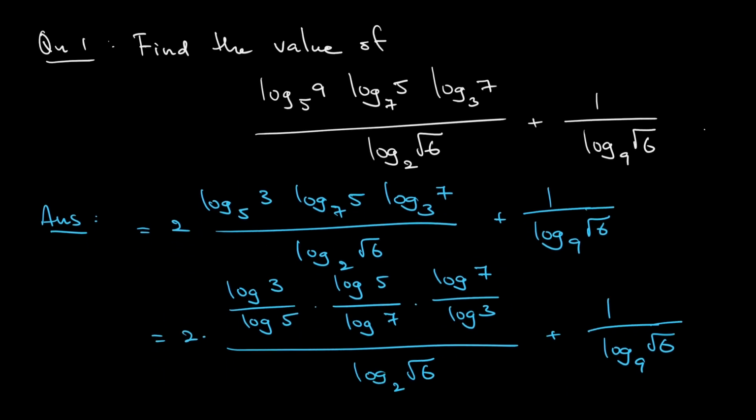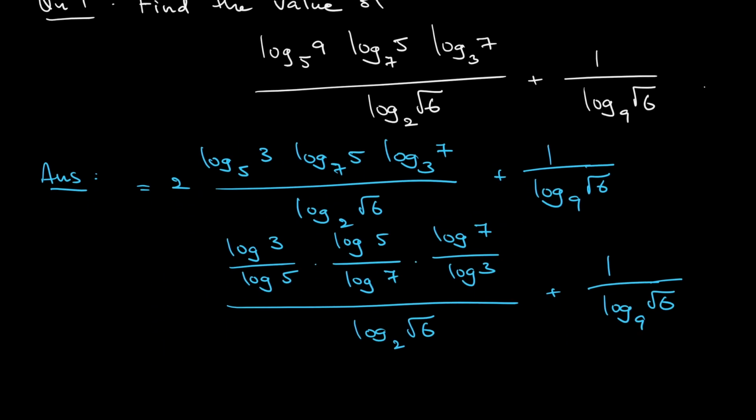Let me write this a little bit lower, is equal to 2 multiplied by that. The reason why I do this is so I can cancel out, right? Log 5 can cancel out, log 7 can cancel out, log 3 can cancel out. So technically this would just be 2 multiplied by 1 over log base 2 of root 6.